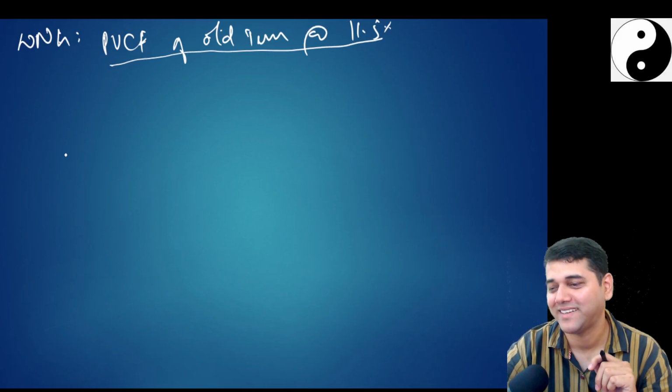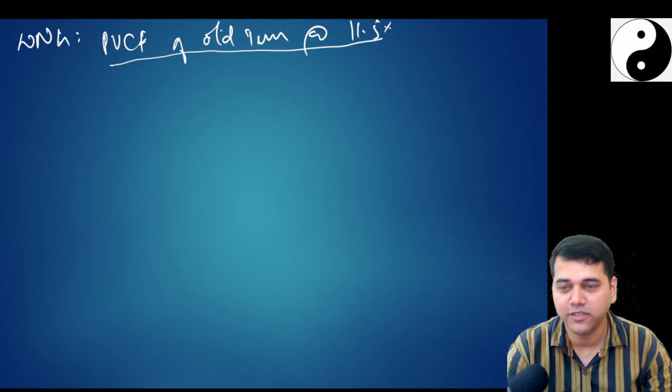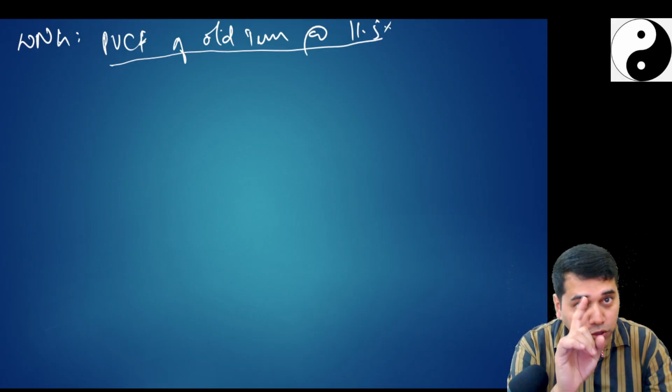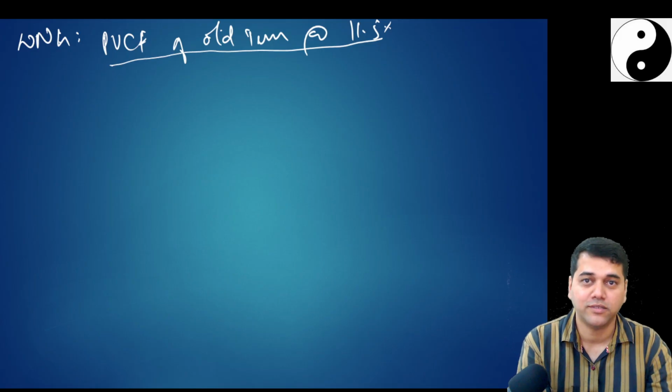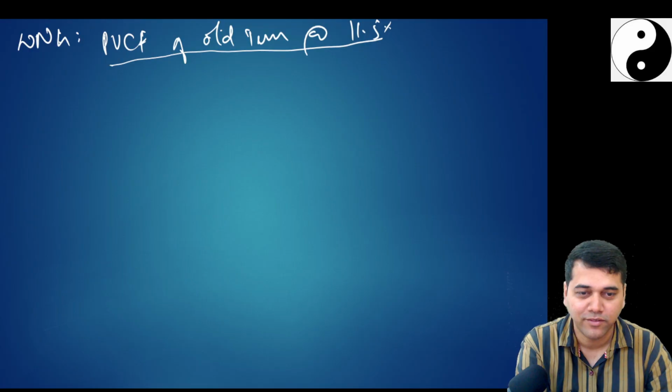I'll just pause the video because I want to give you time to work out the present value of the cash flow under old terms, and be ready for discussion.